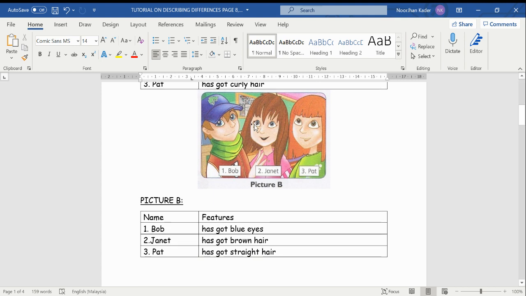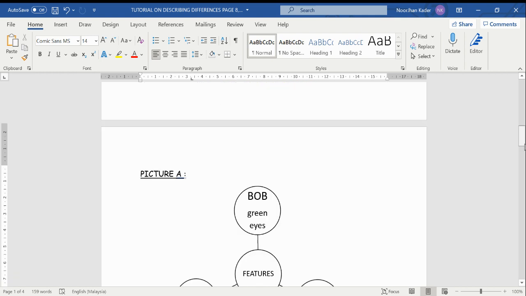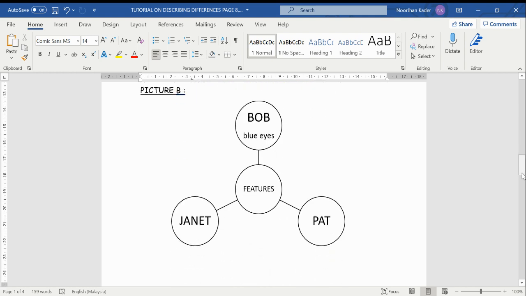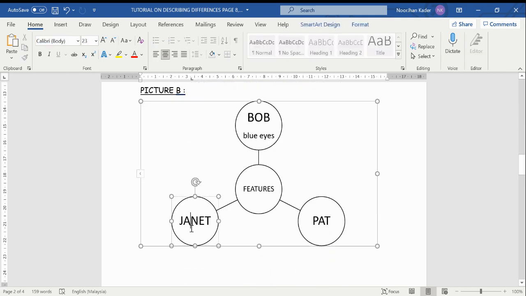Janet has got brown hair. Janet has got brown hair in picture B. So now we have to write here, brown.